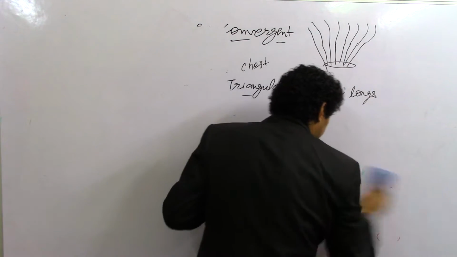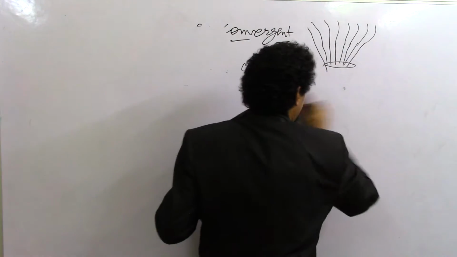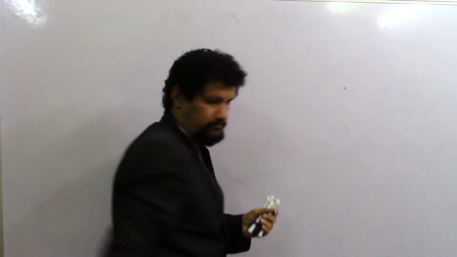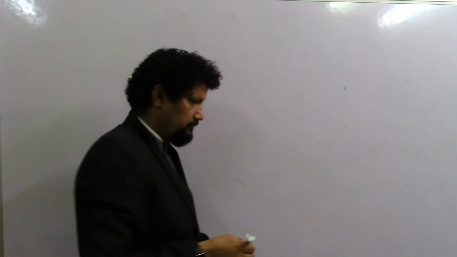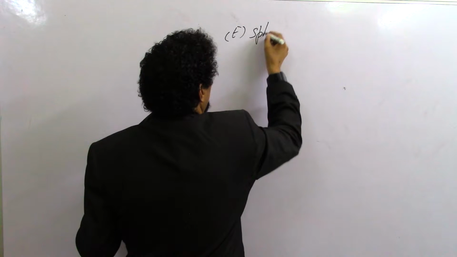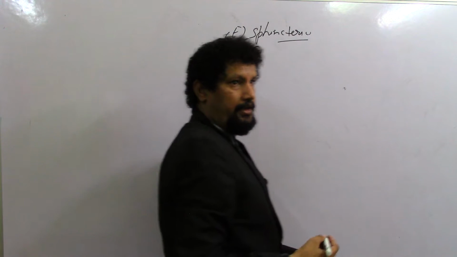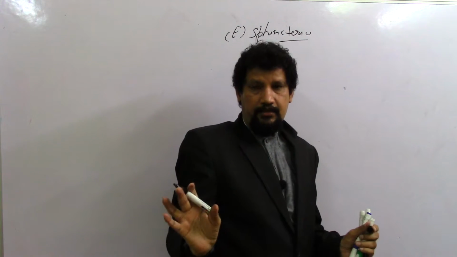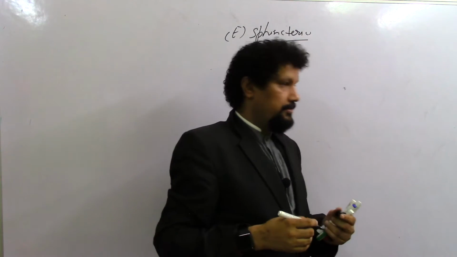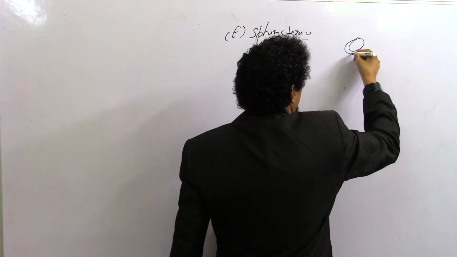The next type is the sphincteric architecture of the parallel muscle fibers. The muscle fibers are parallel but are in a sphincter like this.